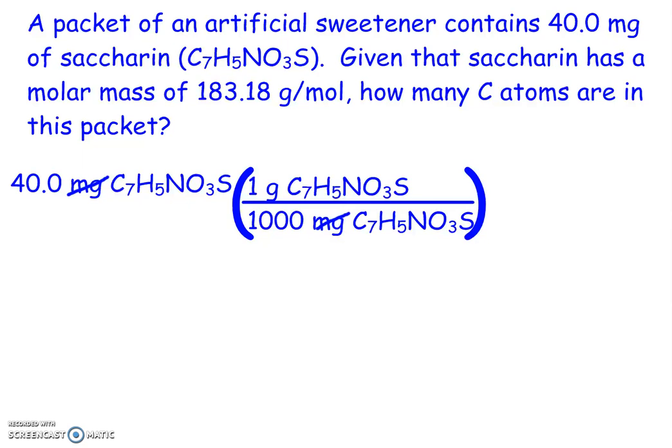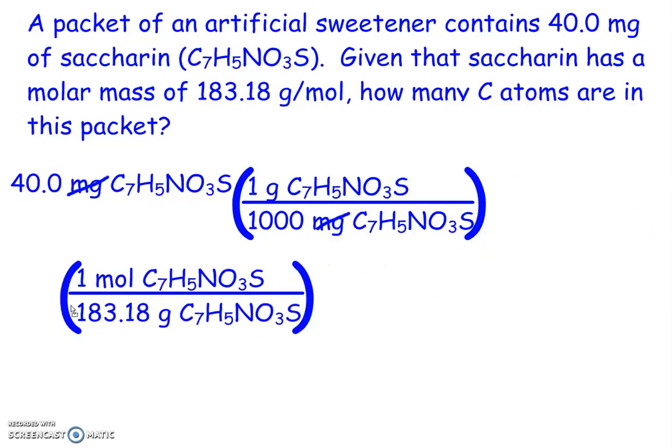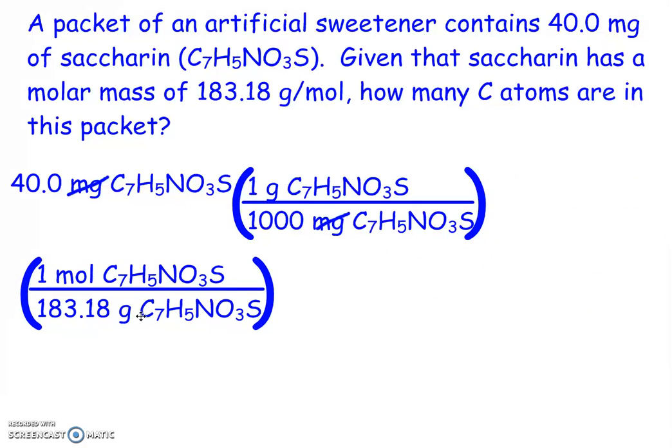Now from here, I can do what we've done before and say that 1 mole of saccharin has a mass of 183.18 grams. So unit of grams on the top cancels with units of grams on the bottom, and I have moles. But we need to read very carefully. This says how many carbon atoms are in this packet.